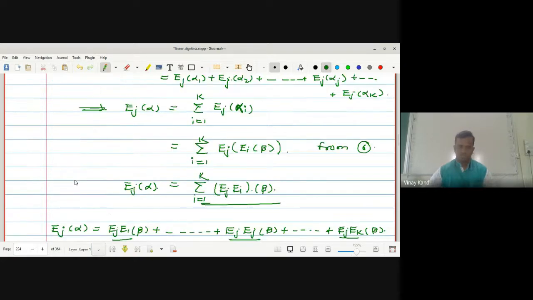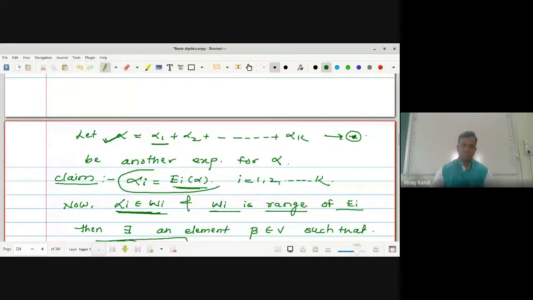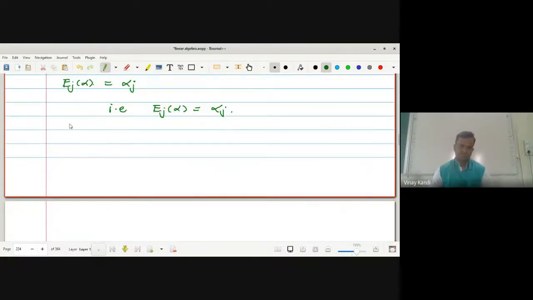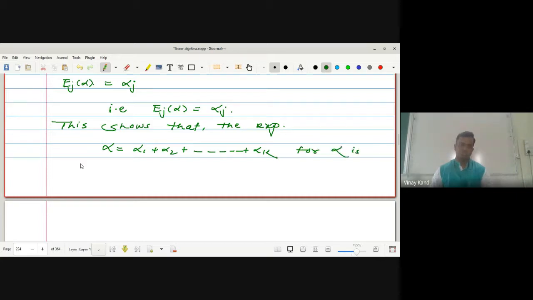This shows what is claimed, E I of alpha is equal to alpha I. What have we proved? E j of alpha is equal to alpha j. Okay, this is only an index, it has no importance. Okay, so hence this shows that the expression for alpha, alpha is equal to alpha 1 plus alpha 2 plus up to so on alpha k, is unique.